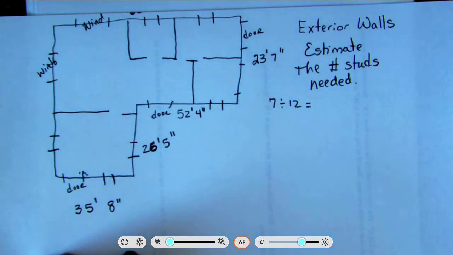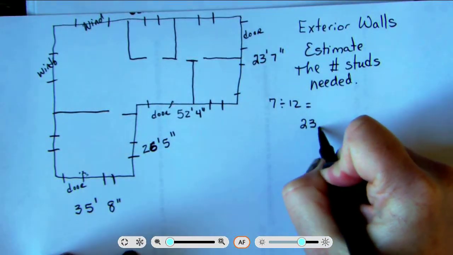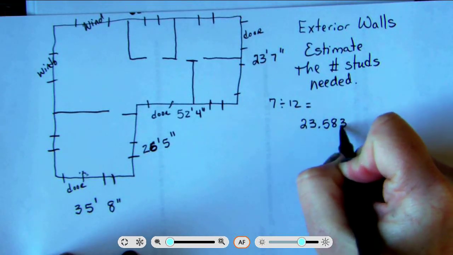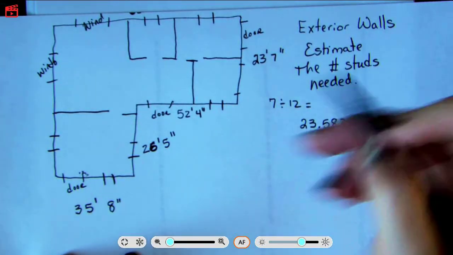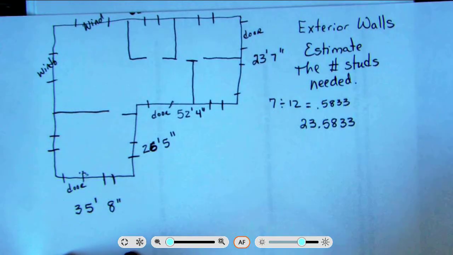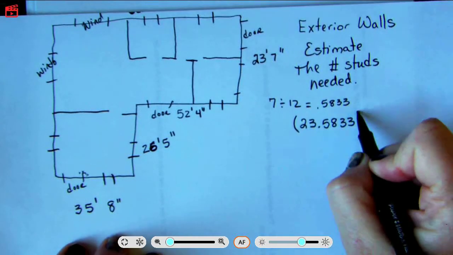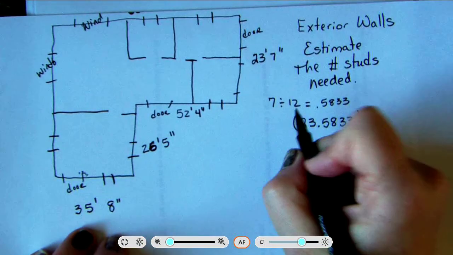So 7 divided by 12, and so then this becomes my 23.5833 feet. So 7 divided by 12, that's 0.5833.